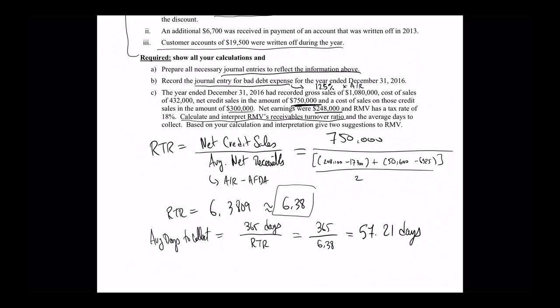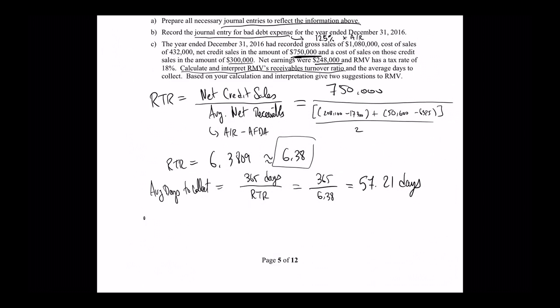So how do we interpret this? RMV collects their AR 6.38 times per year for an average of 57.21 days.